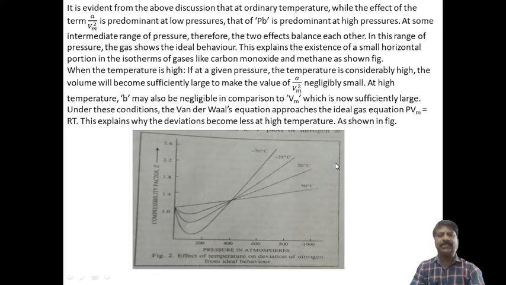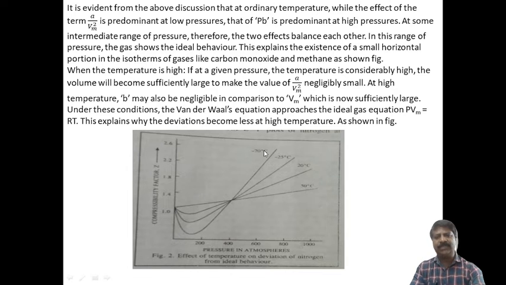This graph shows the compressibility factor against pressure, the effect of temperature on deviation of nitrogen gas from ideal behavior at different temperatures. At a very low temperature, minus 70 degrees, the most deviation takes place at lower atmospheric pressure.